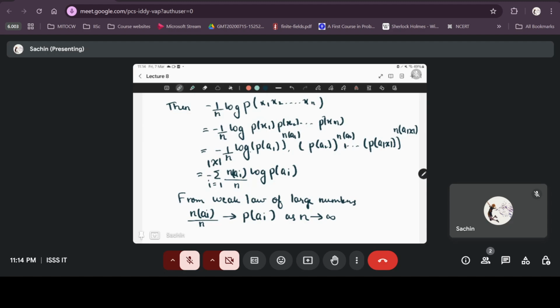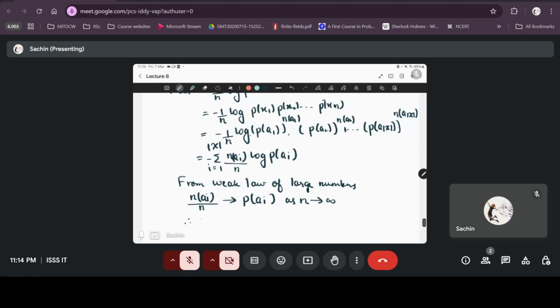So now, therefore, minus 1 over n log of p of x1 to xn approaches minus summation p of ai log p of ai, i equal to 1 to mod of the alphabet of x.